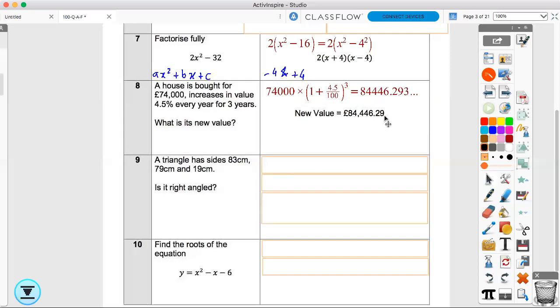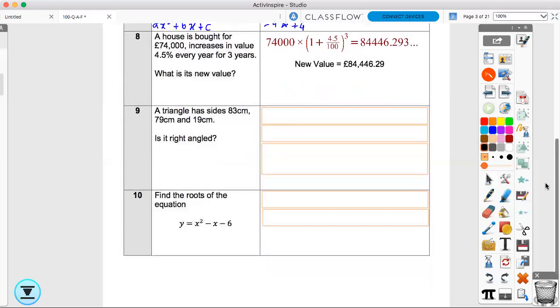And because it's a 3 after the 9, that means you round down, or you just leave the 29 the way it is. So to get your final mark, you need to give it as money like this. So that's how you would do this one.